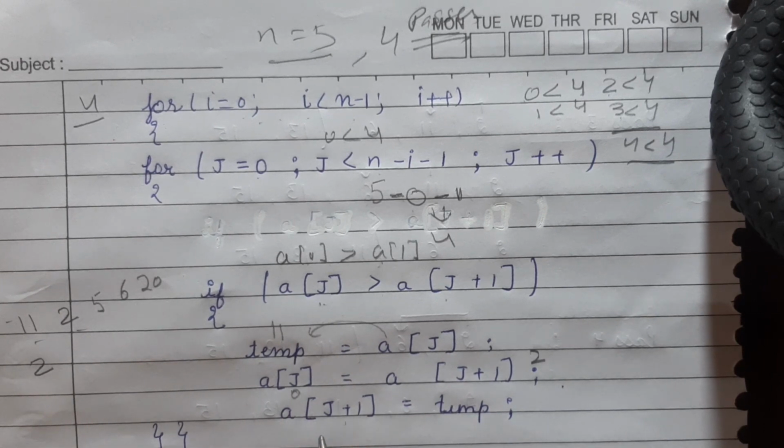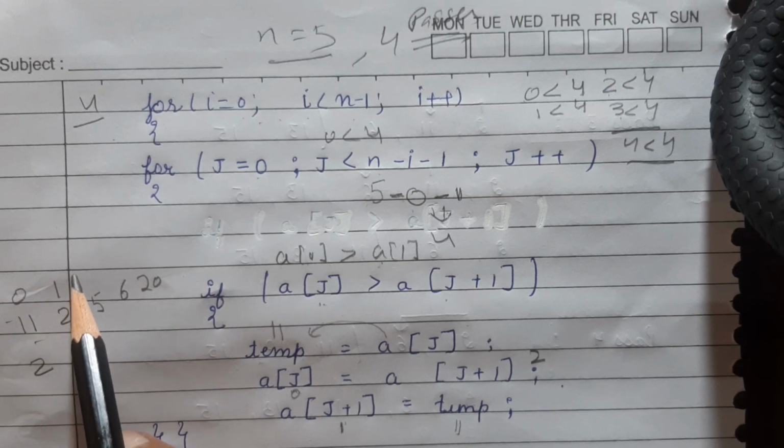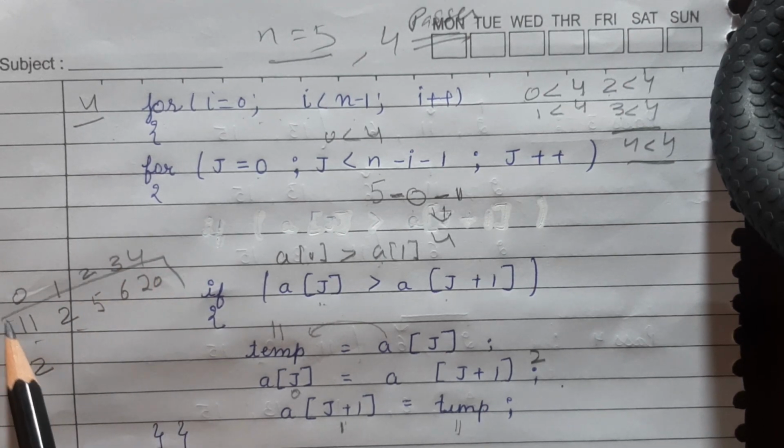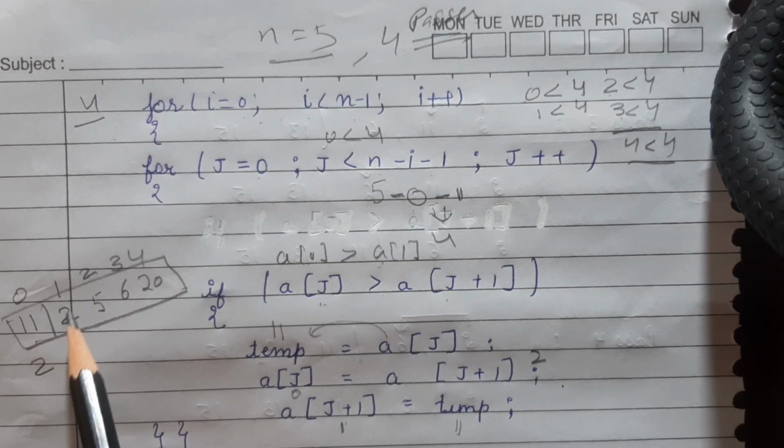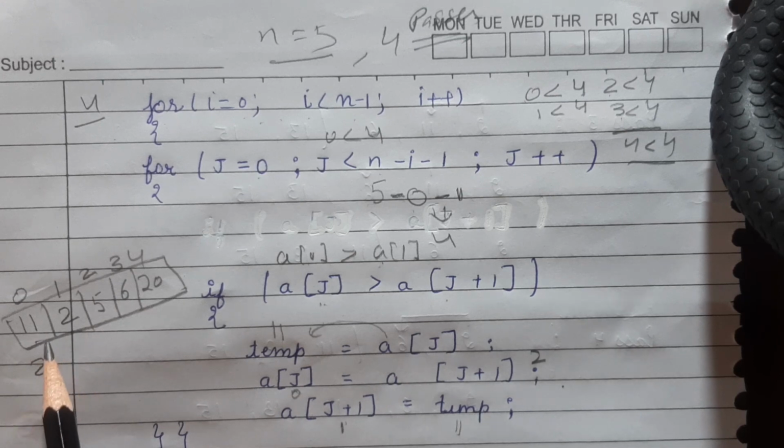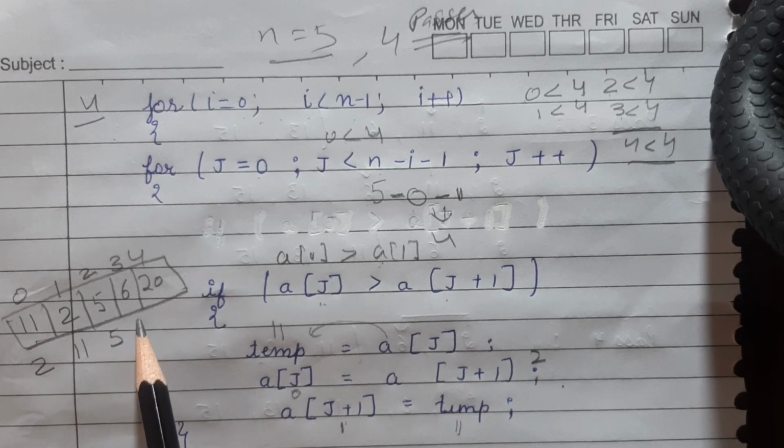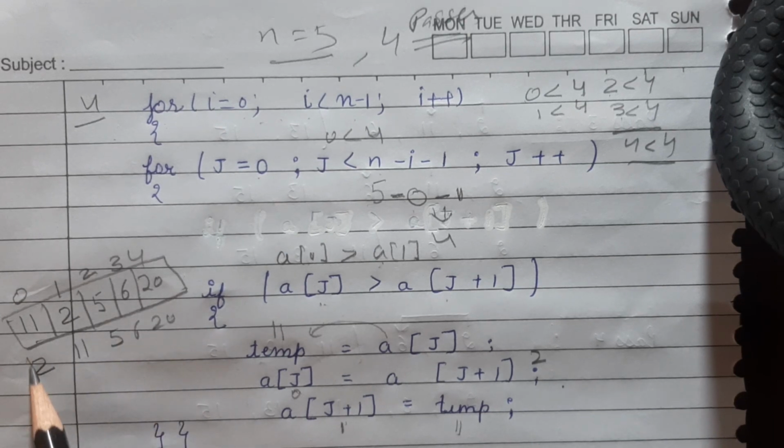And a[j+1], meaning a[1], is equal to temp. Temp is 11. This is index 0, this is index 1, this is index 2, this is index 3, this is index 4. Okay. So after completing this if condition, 2 and 11 are swapped. Now 5 is here, 6 is here, 20 is here. So these are the elements.